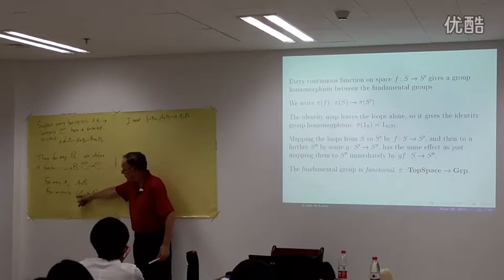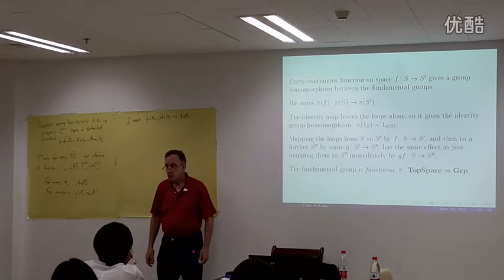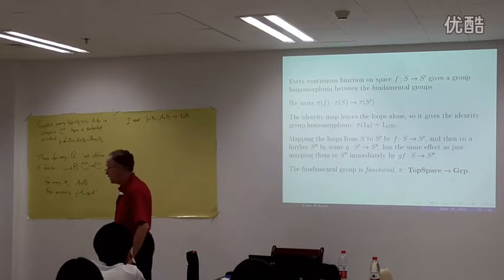But now I need to know that for every arrow, I get an arrow between those. How do I know that there is such a thing?